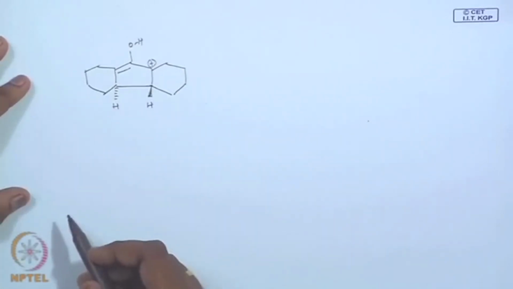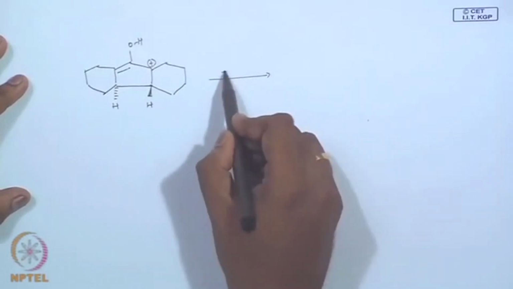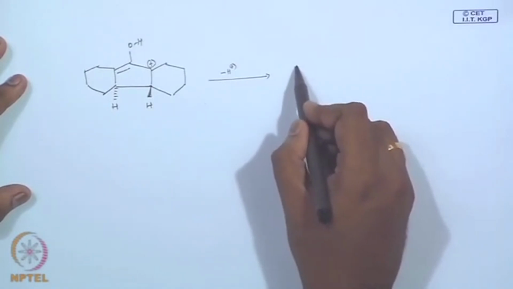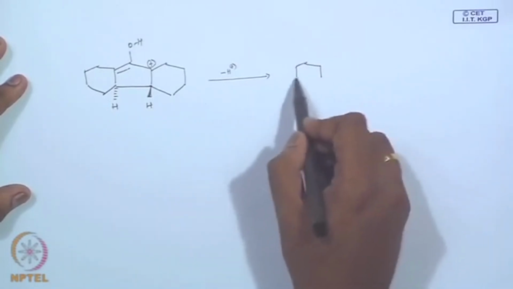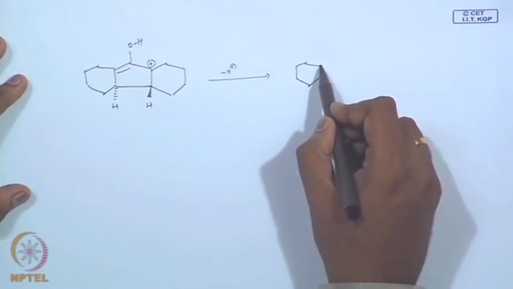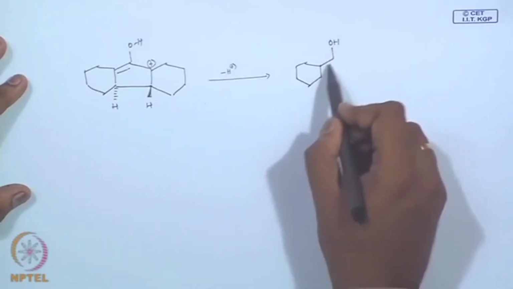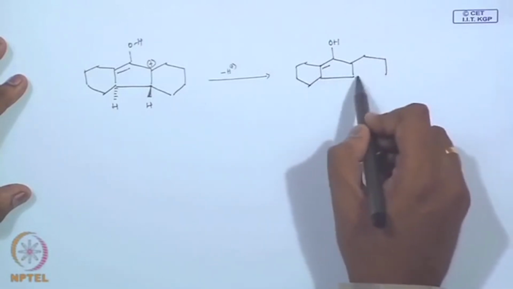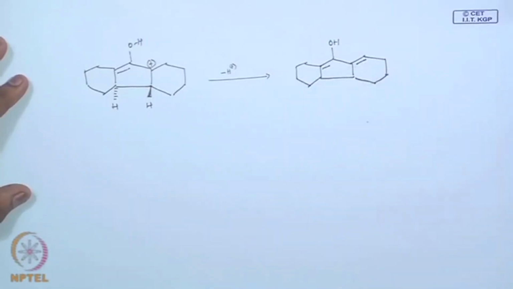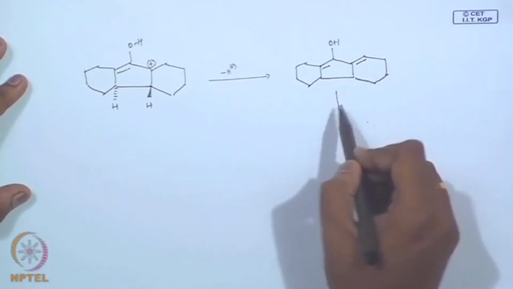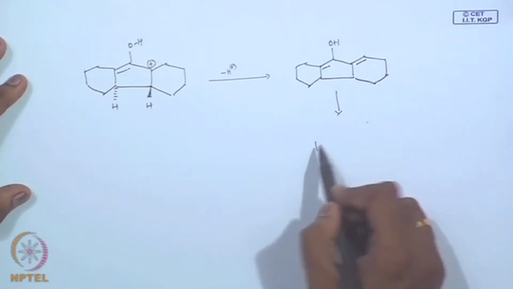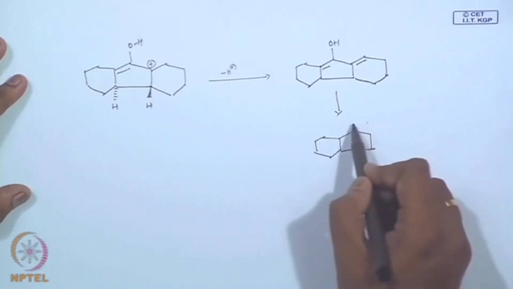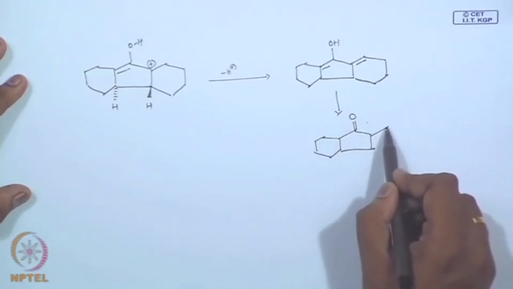Then there is removal of one proton to give me this, and then this undergoes enolization, keto-enol, to get your final product.